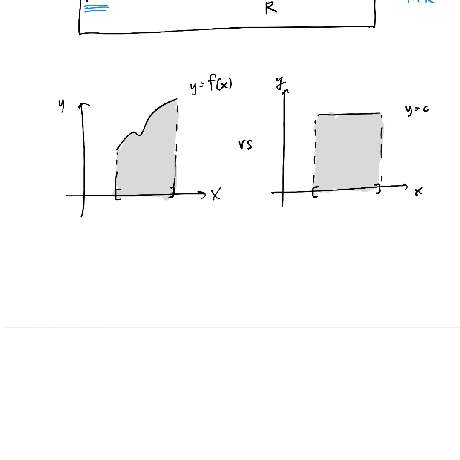If you were to draw a little line across, the areas would only match if this bit here that fell short of the line agreed perfectly with this bit here that was above the line.